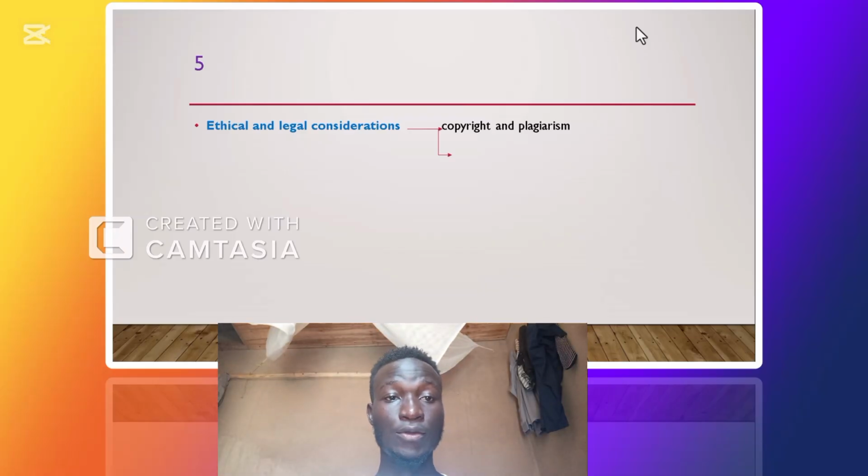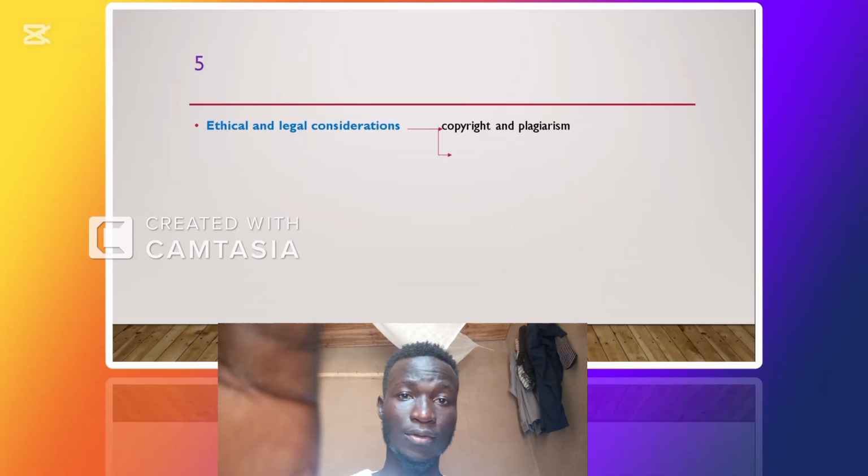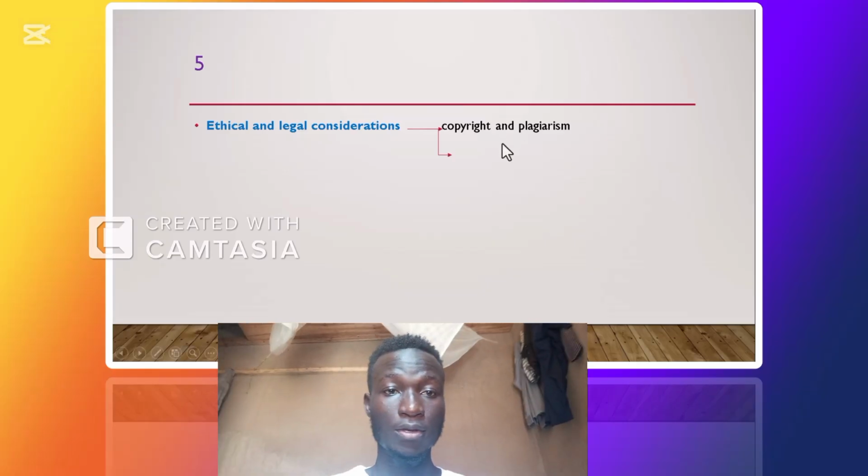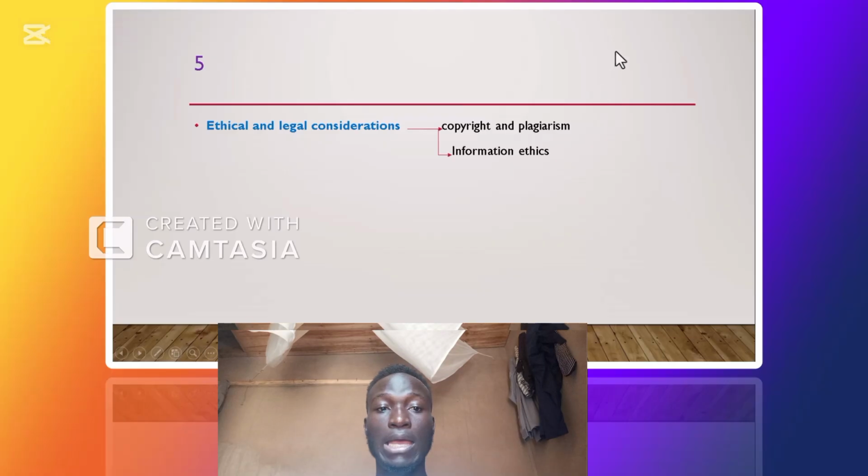Just copyright and plagiarism. Then the next thing under ethical and legal consideration is information ethics.